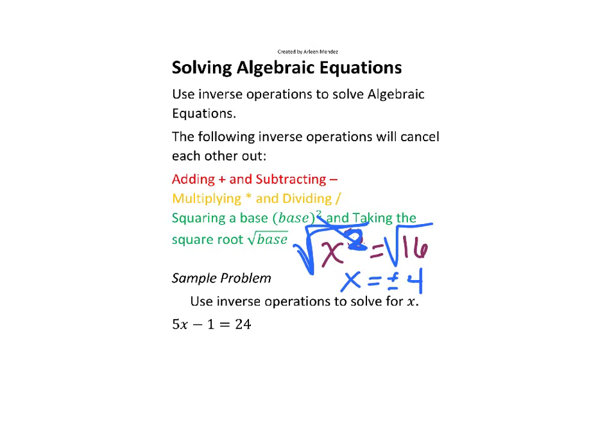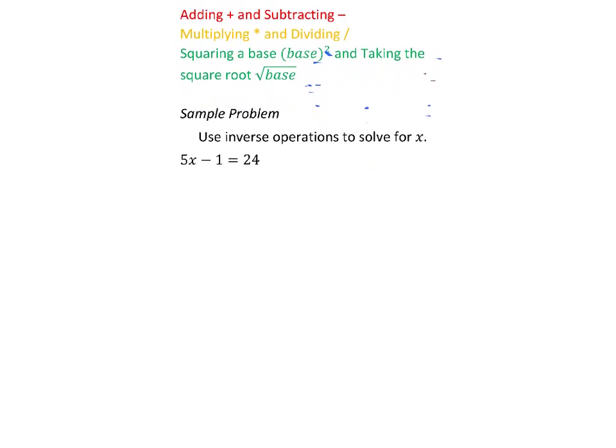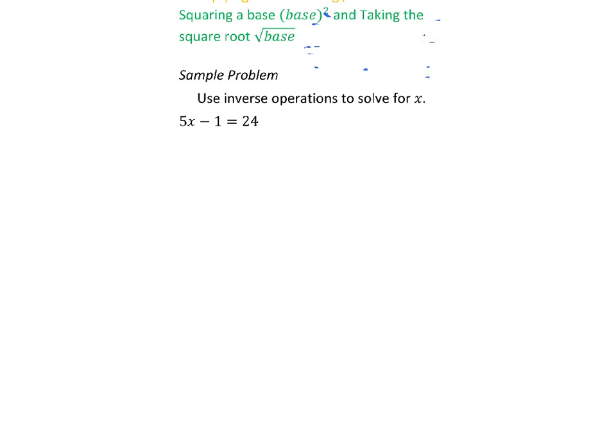It has a sample problem, and it says to use inverse operations to solve for x. Okay, we're going to do that. But before we do that, I want to just give some advice about how to start your solution. You want to keep things balanced, right? This equal sign right here, I'm going to draw a line right where the equal sign is at.